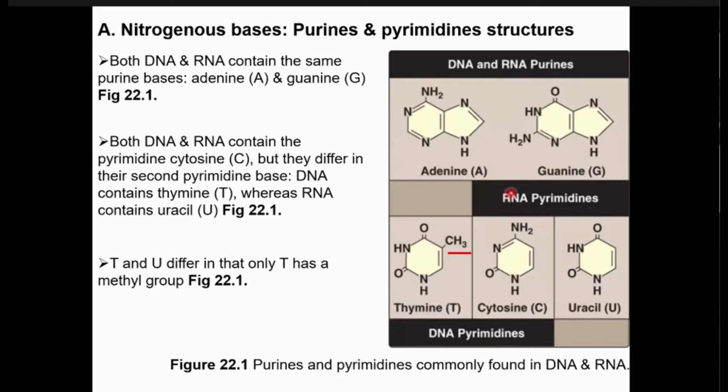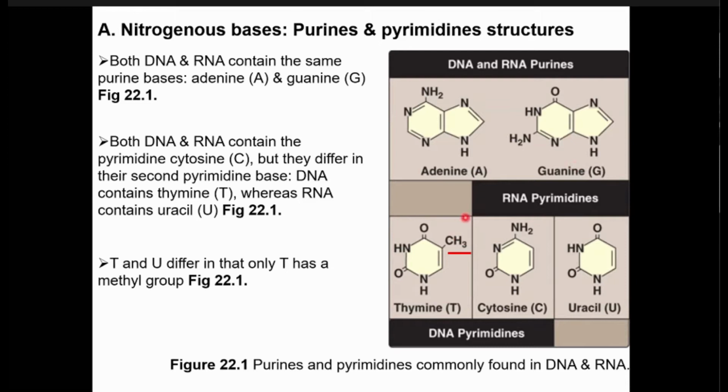And if you look at the pyrimidines, both DNA and RNA have cytosine, but the difference is that the RNA has the uracil, and the DNA has thymine. I will repeat. The purines, the DNA and RNA both have the same purines, adenine and guanine.